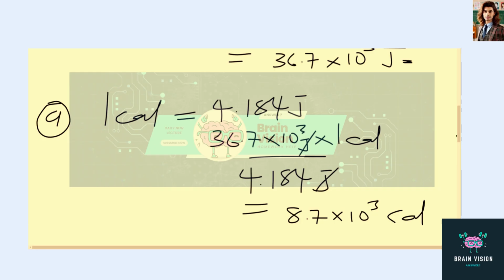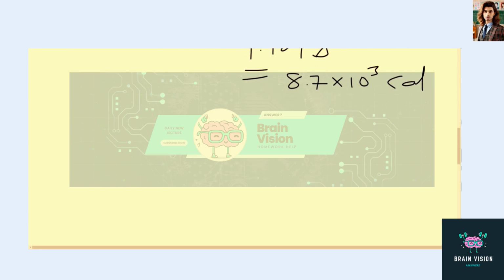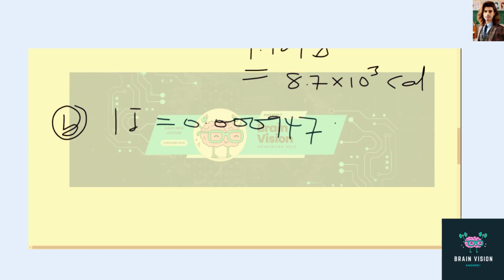Good. Now, let's see how we can also convert it to British thermal unit. In BTU, we know that 1 joule of energy is equivalent to 0.000947817 BTU.